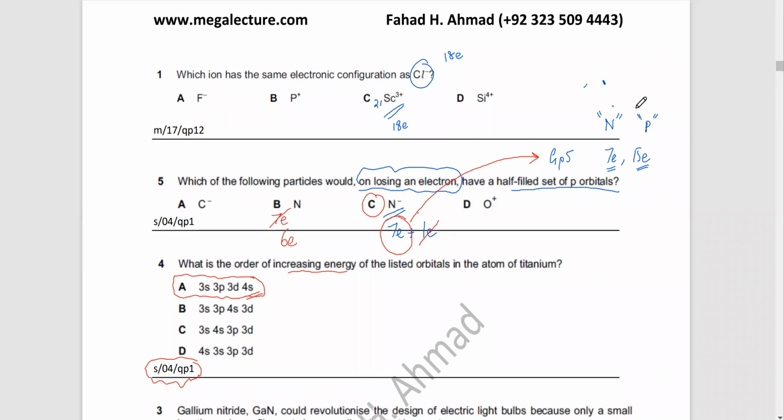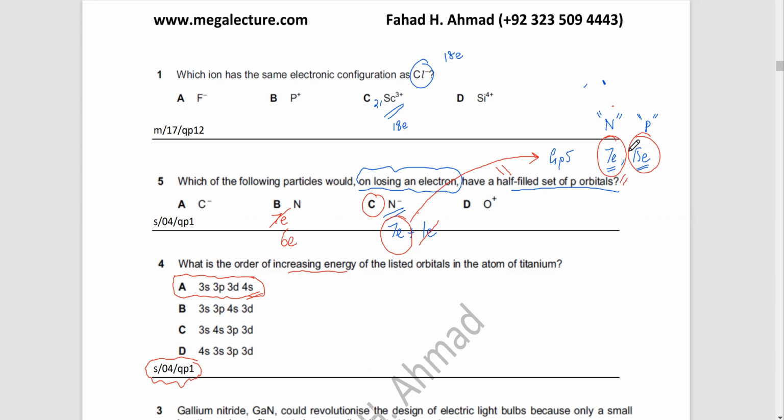Now group 5 has 2 atoms, nitrogen and phosphorus, right? Nitrogen has 7 electrons, phosphorus has 15 electrons. So both of these electronic configurations are going to have a half-filled set of p orbitals. This one is 1s2, 2s2, 2p3. This one would be 1s2, 2s2, 2p6, and then 3s2, 3p3.